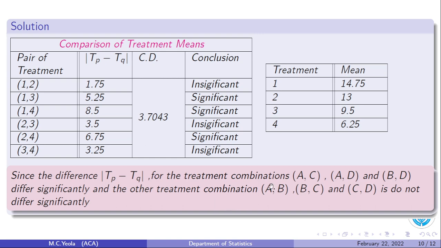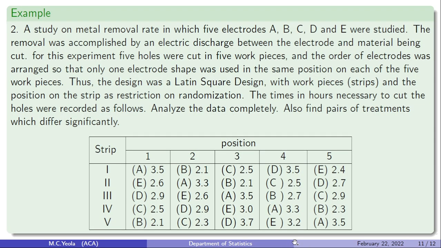The other treatment combinations, AB, BC, meaning second and third, and CD, meaning third and fourth treatment means, do not differ significantly. In such a way you complete this. This is the second example. Here we have 5 treatments, 5 rows and 5 columns. In the same way you have to perform this here.